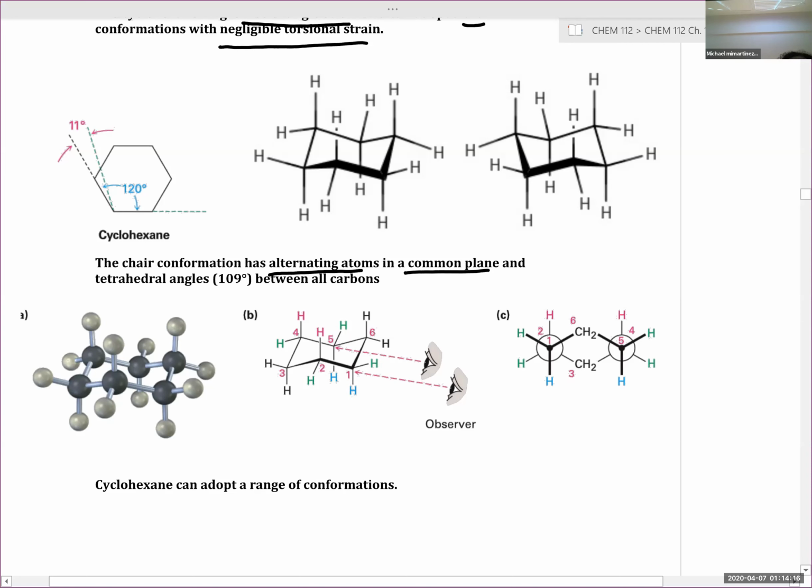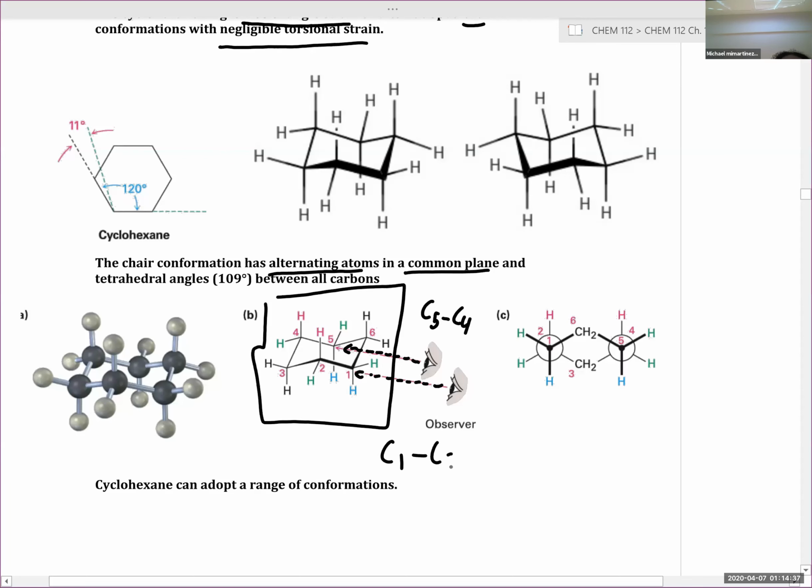So given the chair conformation shown here, we are going to look down the bond between carbon 5 and carbon 4, and we're going to look down the bond from carbon 1 to carbon 2.